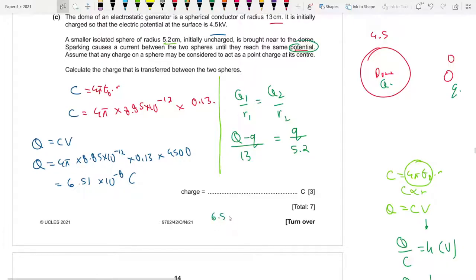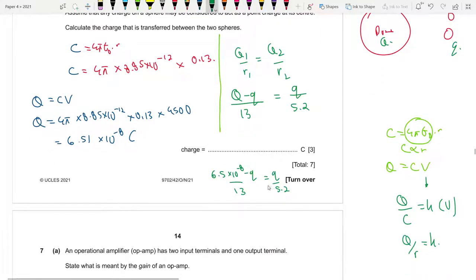Or 6.5 into 10 to the power minus 8 minus q divided by 13 is equal to q divided by 5.2. Let's solve this. 13q is equal to 6.5 into 10 to the power minus 8 into 5.2 minus 5.2q.